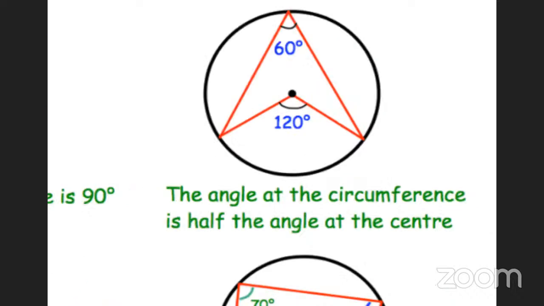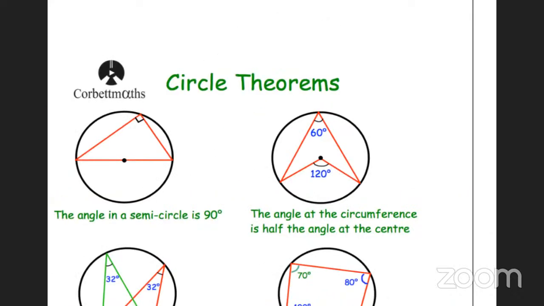Next one. If you see a shape like this, the angle at the center is twice the angle at the circumference. The angle at the center here is 120. The angle at the circumference is half of that, which is 60. This is your circumference. You okay with that?